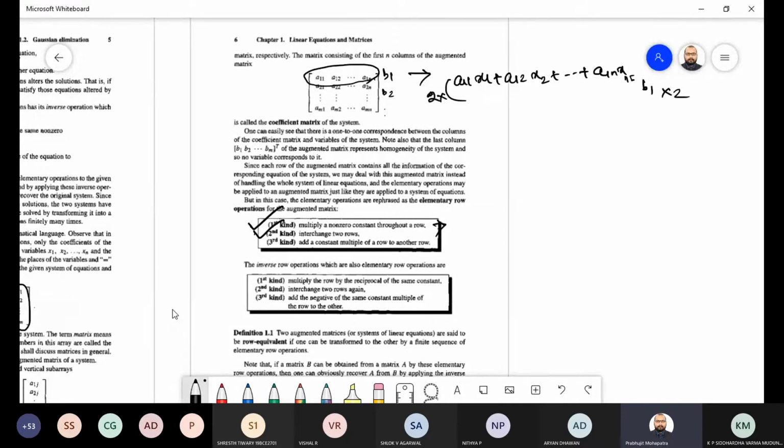You can add a constant multiple of a row to another row, because we have the freedom to multiply a constant with one equation and add it to any other equation, even to that equation itself. The same thing we can do in terms of rows of the matrix.